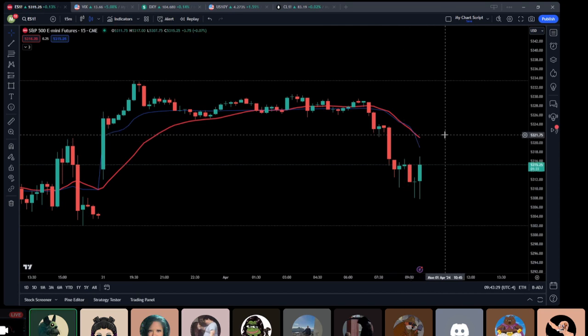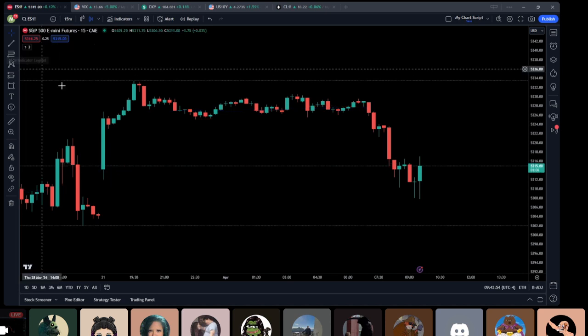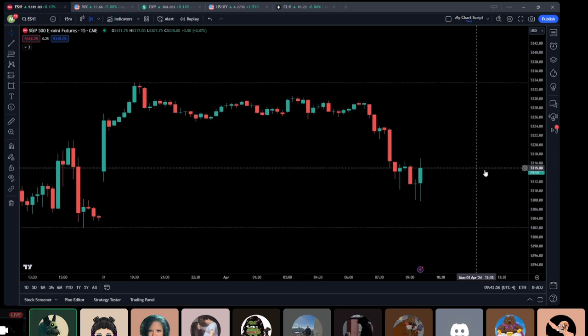That's known as confluence, when multiple signals line up to support each other. I'm just going to turn these off just to keep the chart clean for y'all.